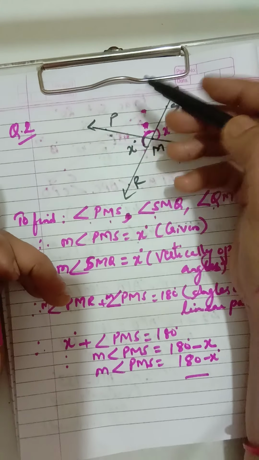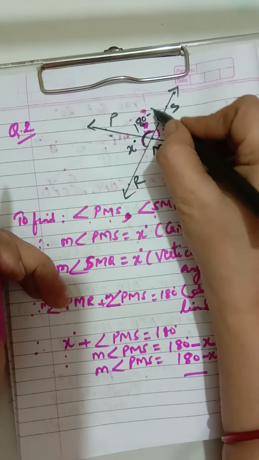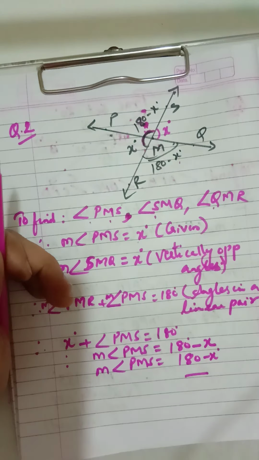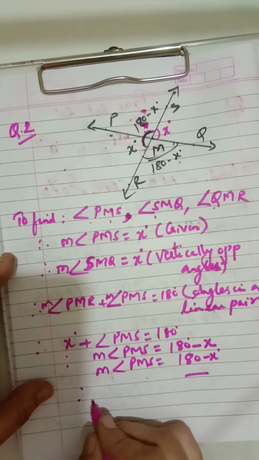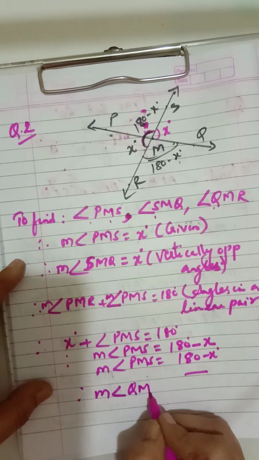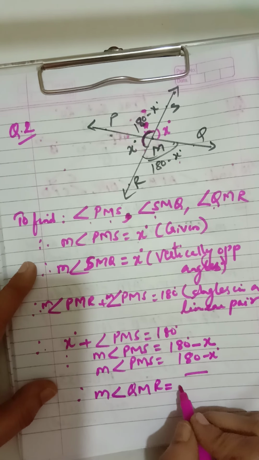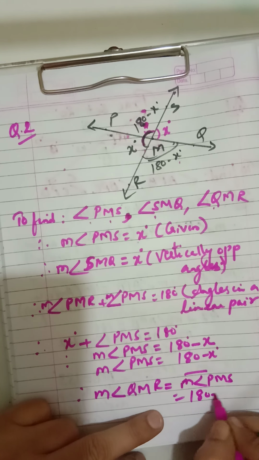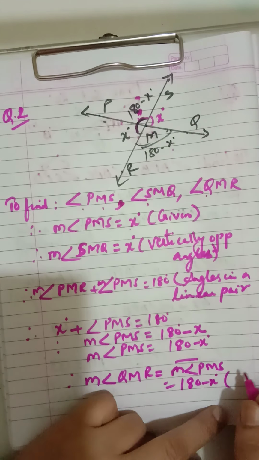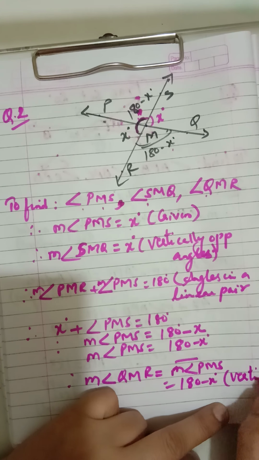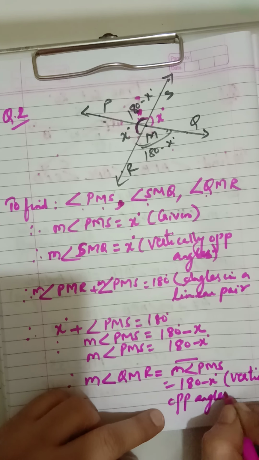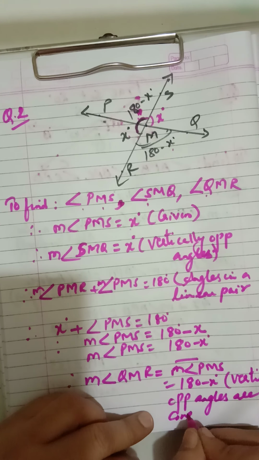This angle is 180 minus x degree. So this angle also will be 180 minus x degree. Therefore measure angle QMR will be equal to measure angle PMS, that is equal to 180 minus x degree. Why? Because vertically opposite angles are congruent.